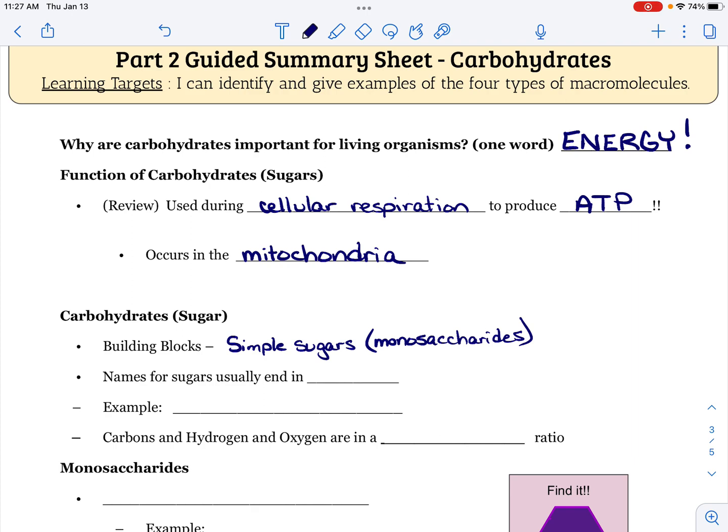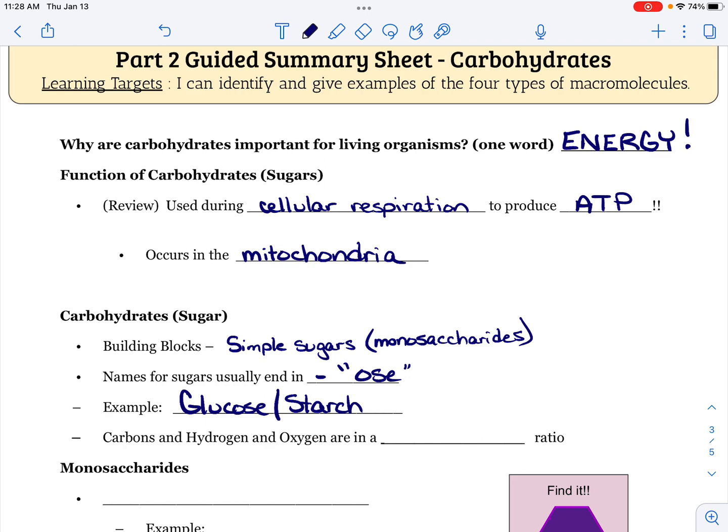And just like glucose and fructose and galactose, they all end in OSE. So some examples of carbohydrates are going to be glucose, starch, which is a big carbohydrate, and so on.